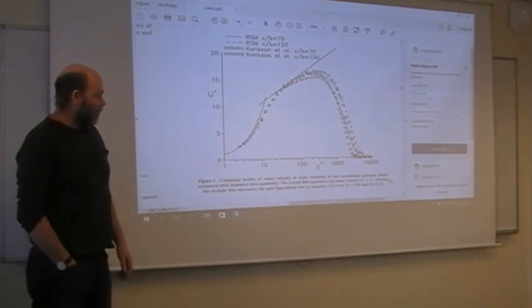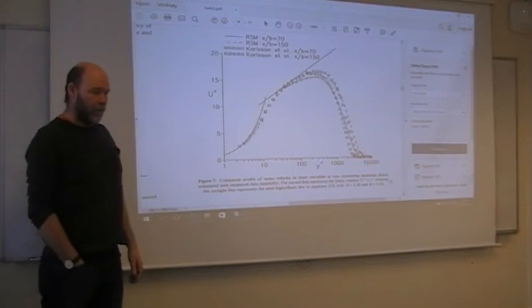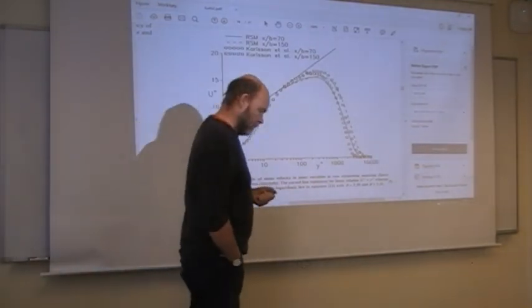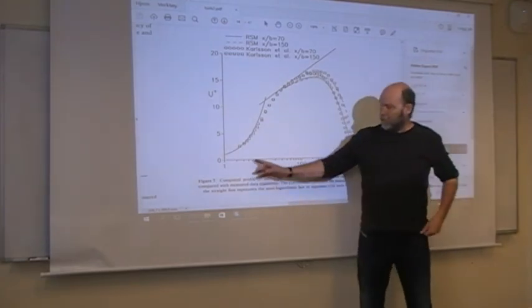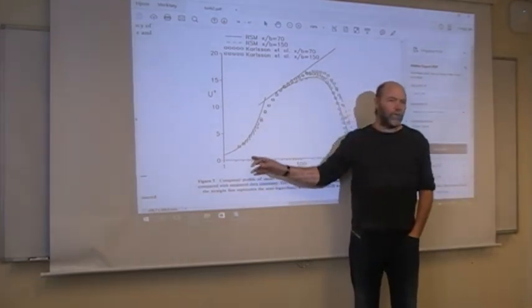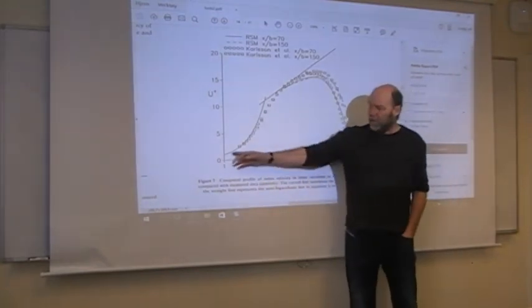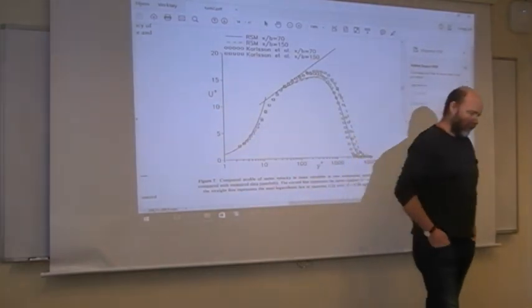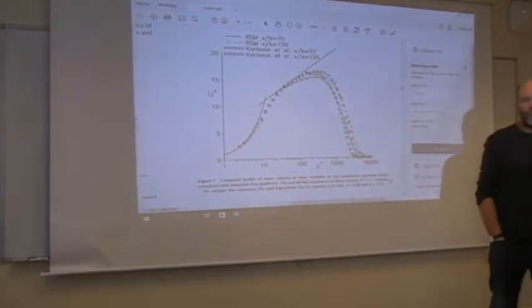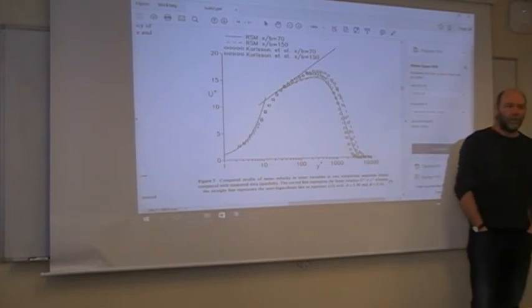This is something you have to be careful with depending on your wall models. Some models will require that you are at a Y plus of 1, 2, very close to the wall. You have to resolve the viscous sublayer, as we call it, very well. And that's impossible if you have a high Reynolds number. Just forget it.